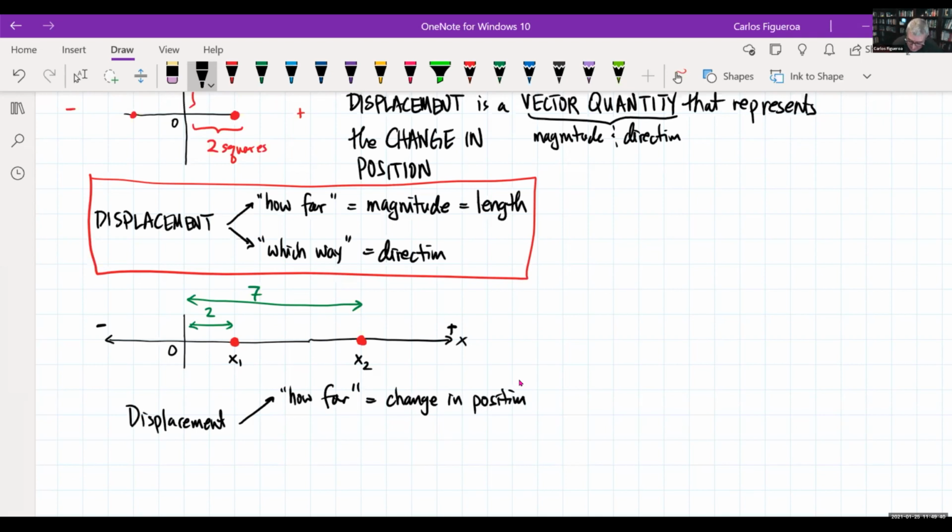And in this case, the difference is going to be 7 minus 2, because that's how many squares I moved, right? So this is the distance that I moved. And we could clearly see that the change in position in this case is 5 squares.